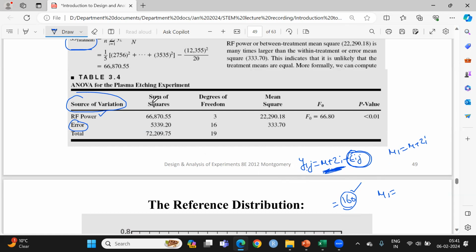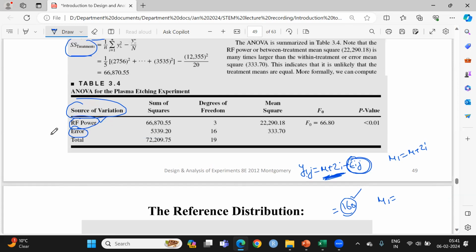So what we are doing in this analysis of variance is that we have total variability here, and we want to see whether this variability is coming from the difference in the treatment values or from the error term.